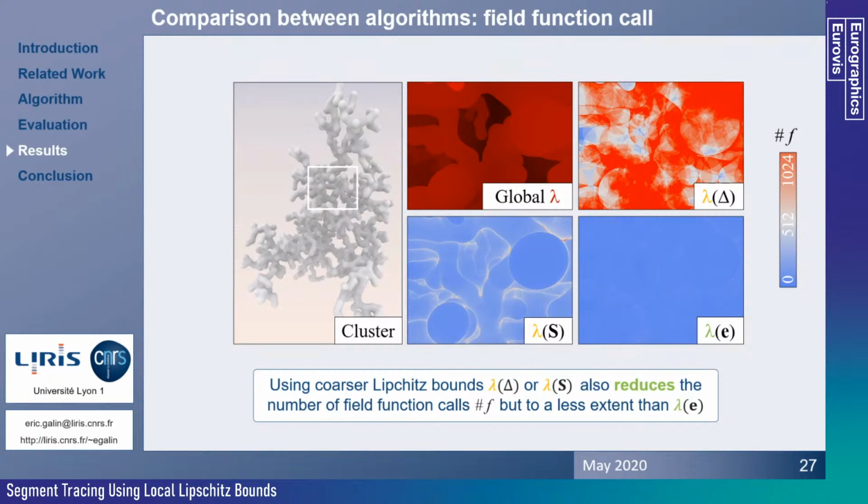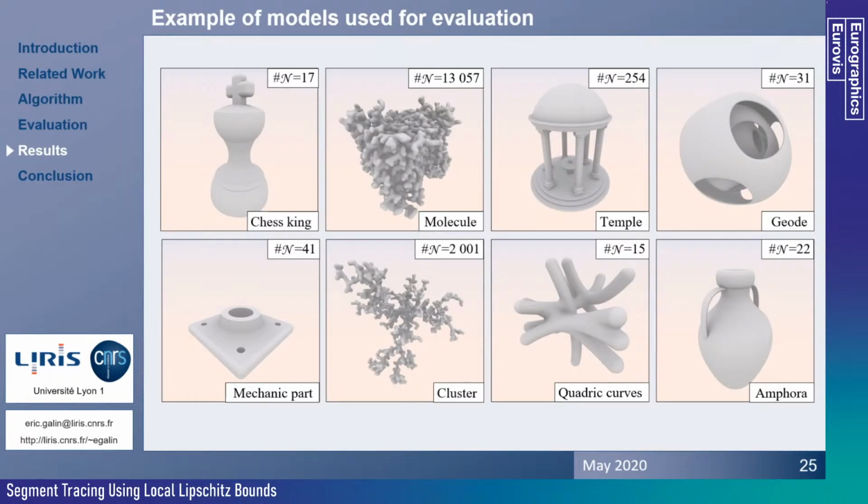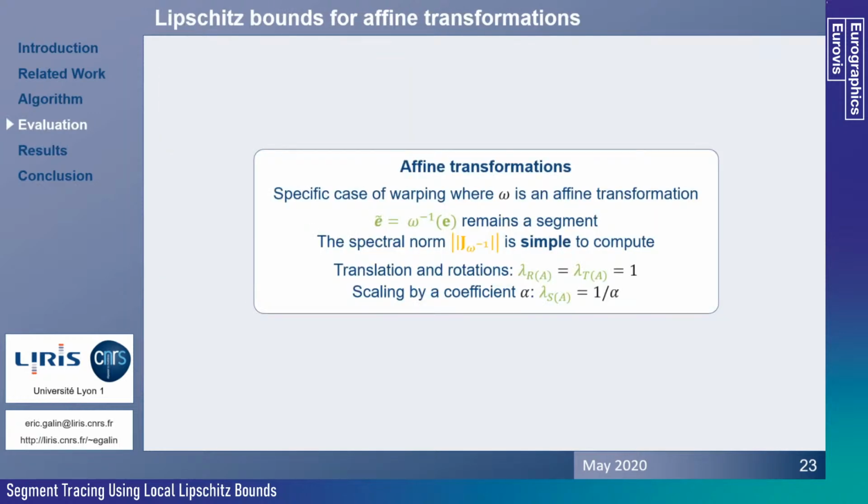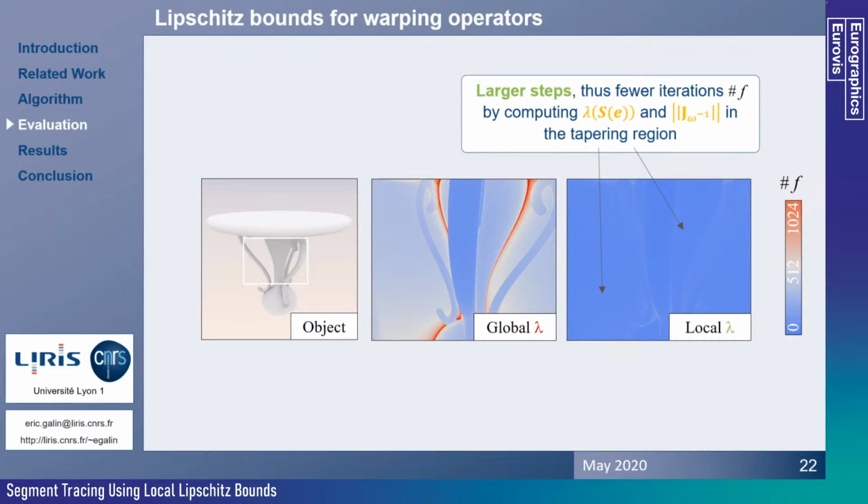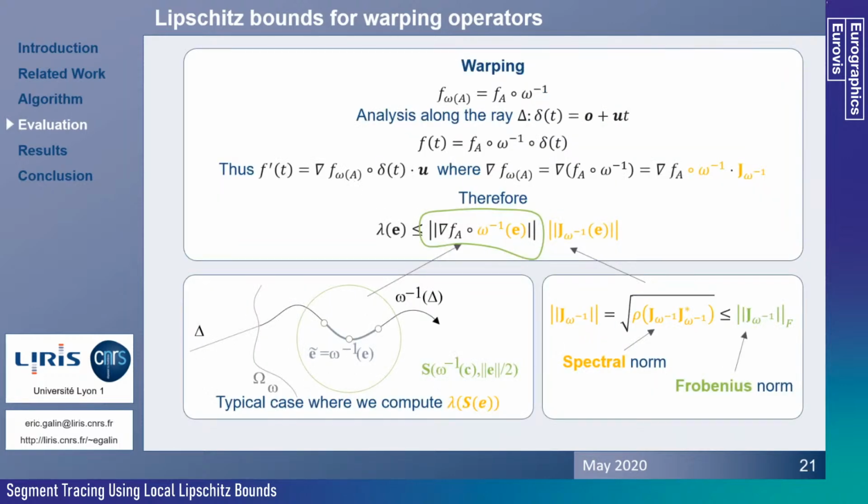Local Lipschitz bounds over the ray or the sphere also reduce the number of field function calls, but to a lesser extent. Still, as we mentioned earlier, we may need to adapt the local size in terms of the Lipschitz coefficient region, which is simpler to evaluate.